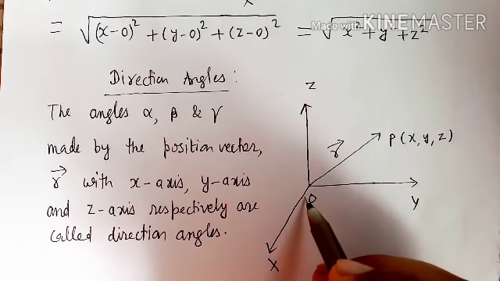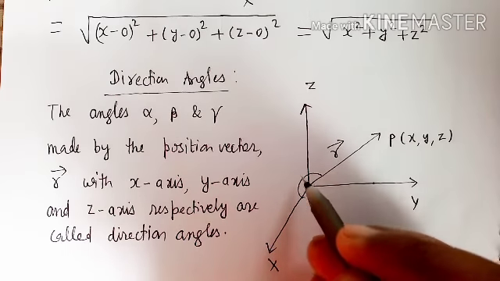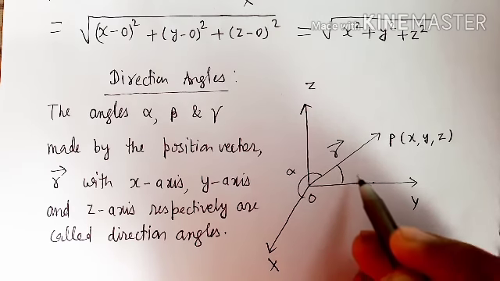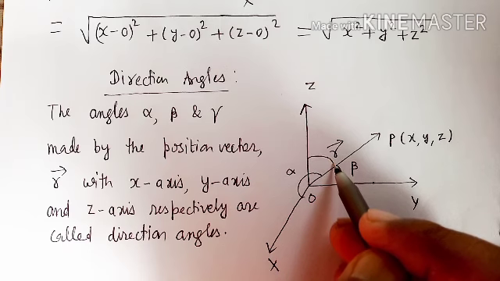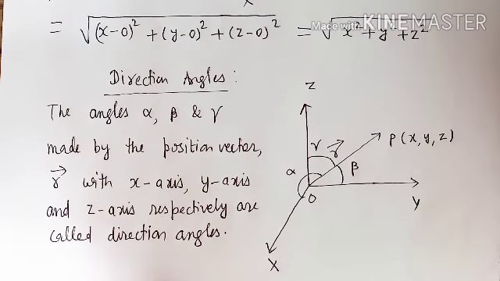So this angle alpha, this angle beta and this angle gamma are direction angles.